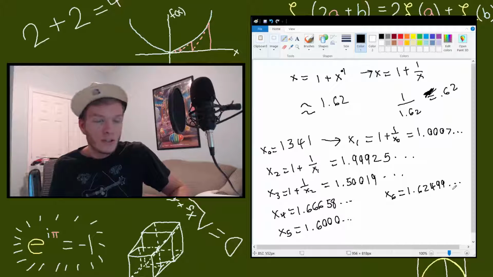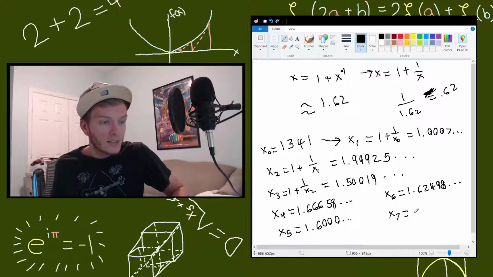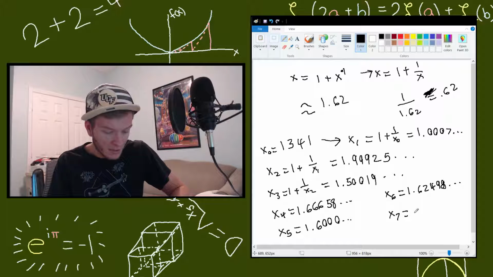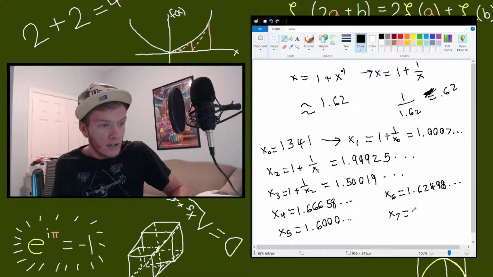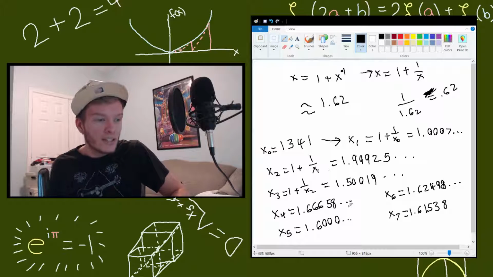Well, the change is, I rounded, so I'm going to leave that in 8. And then we'll have our x7 to be 1 plus that to the negative 1, and we are already at 1.61538. And you can see we're pretty close.